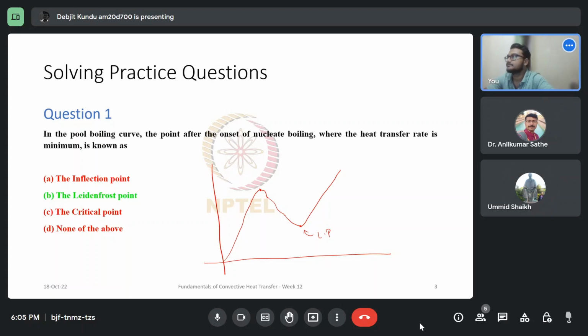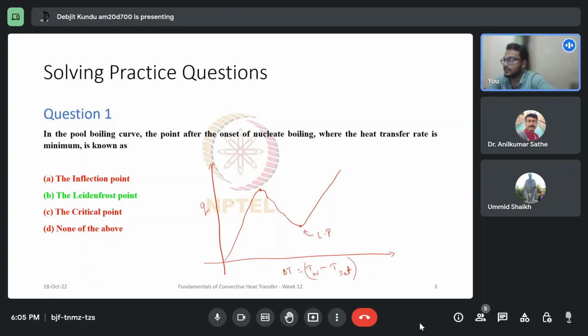Here we are plotting the heat transfer rate versus excess temperature delta T, which is T wall minus T saturation.